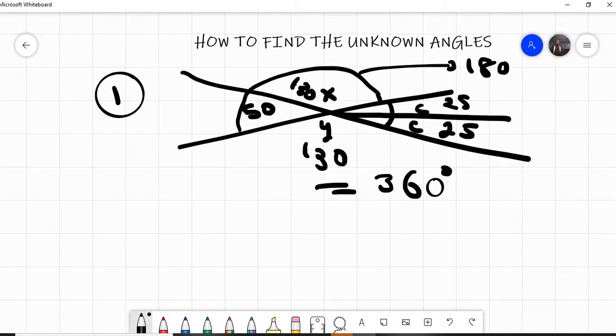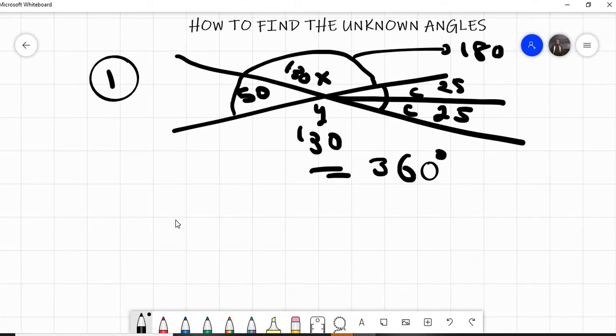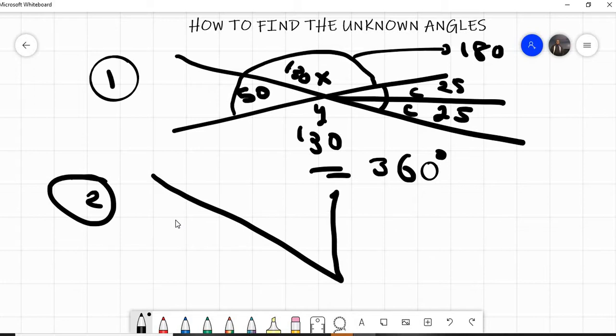Our second example, example number 2, we are given a figure, and they wrote here that this angle is 82 degrees, and here is 30, and we must find the rest.